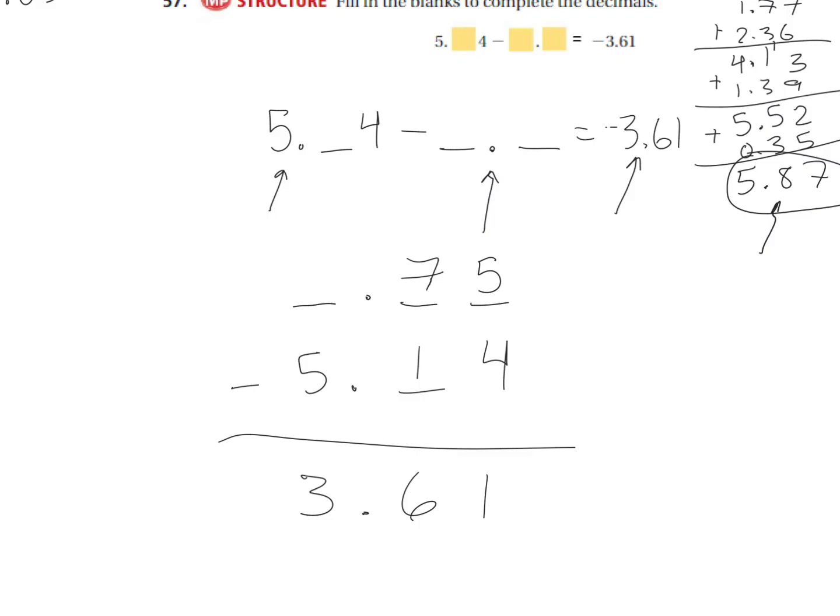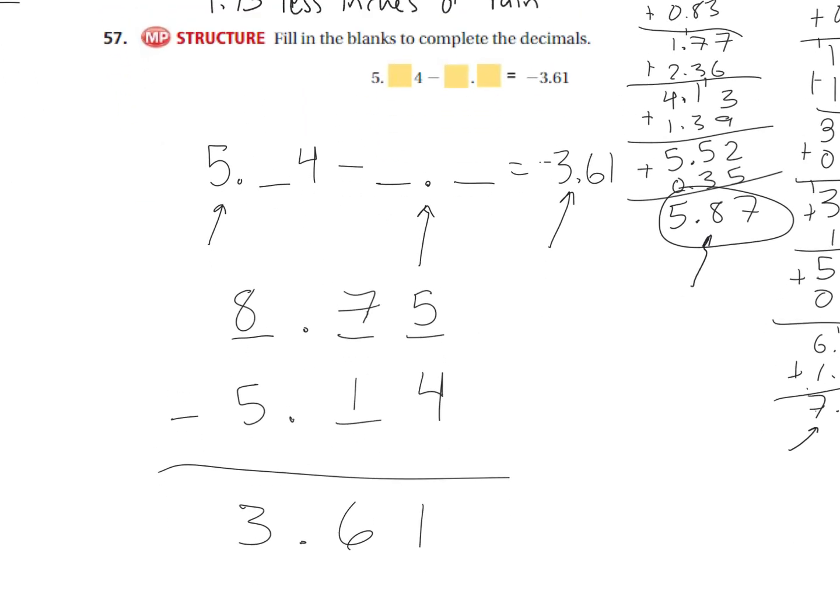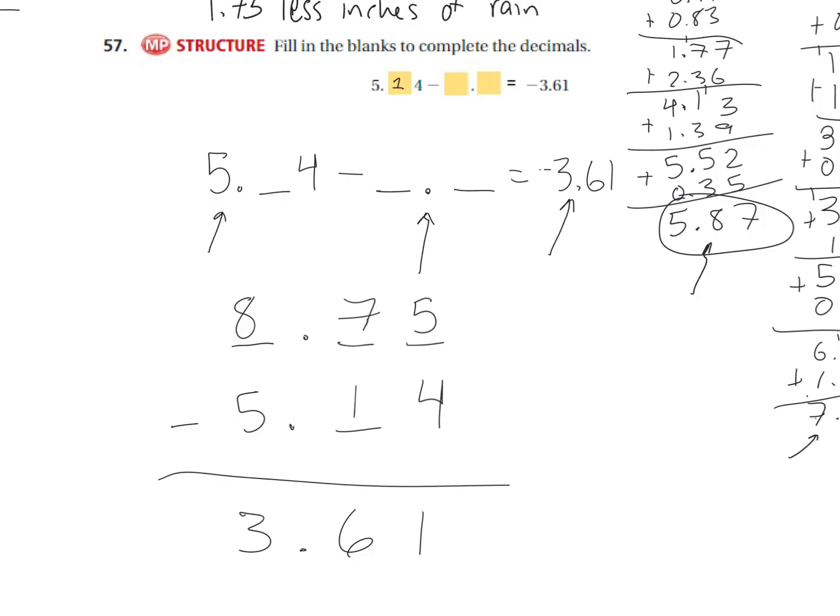Finally, to get to this, I could do something minus 5 is 3. That would be 8. So, filling in my blanks, what I have is this was 5.14, and this is 8.75. And when I do that, I end up at negative 3.61.